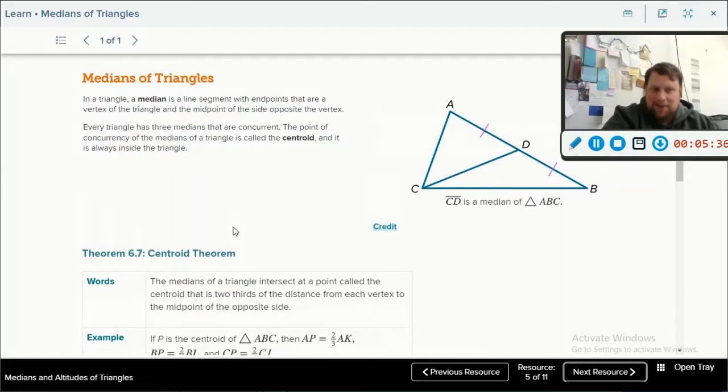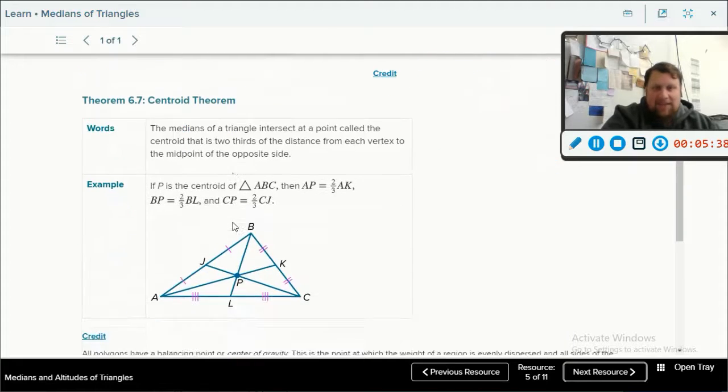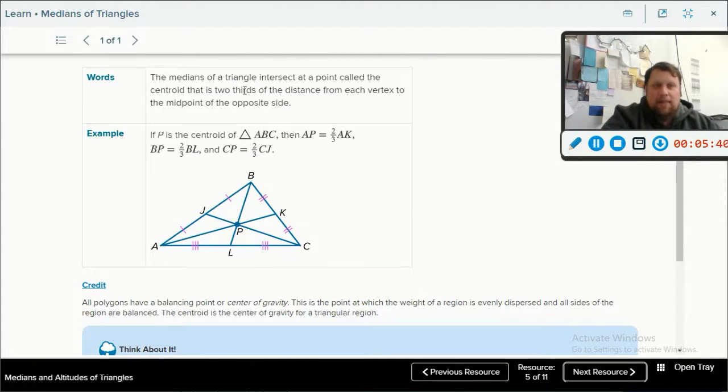6.7, the centroid theorem. The centroid theorem says this: the median of a triangle intersects at a point called the centroid that is 2/3 of the distance from each vertex to the midpoint of the opposite side.